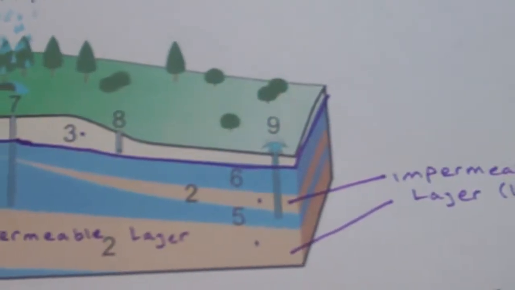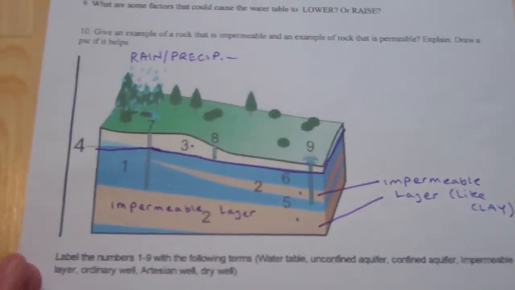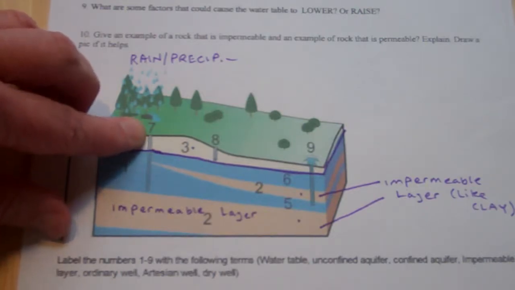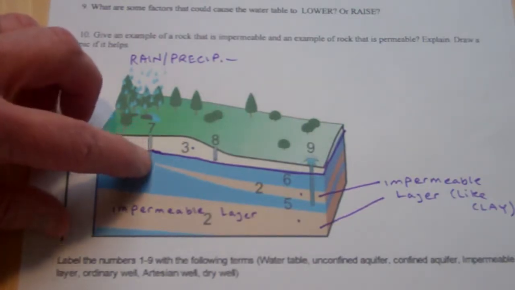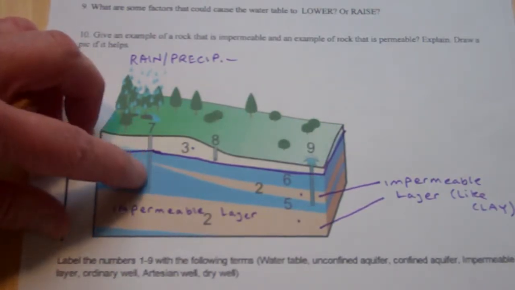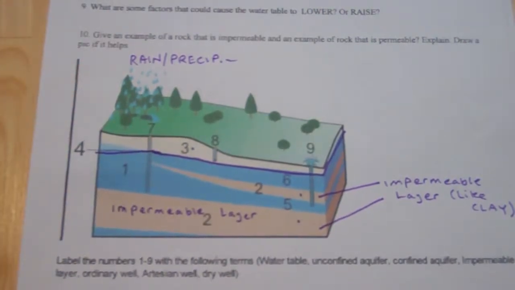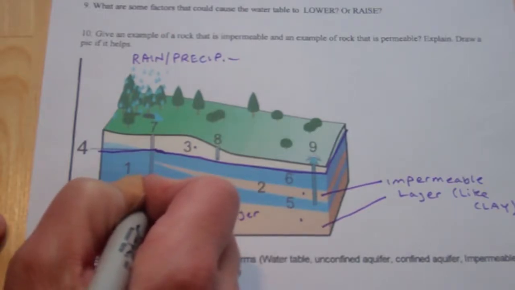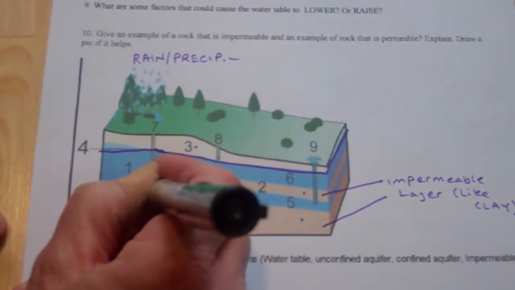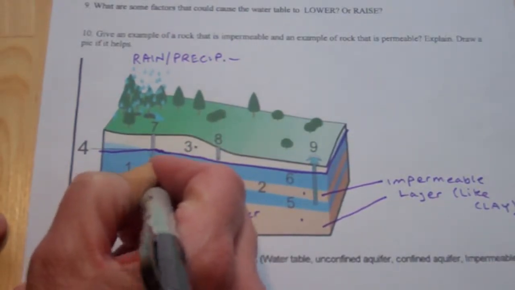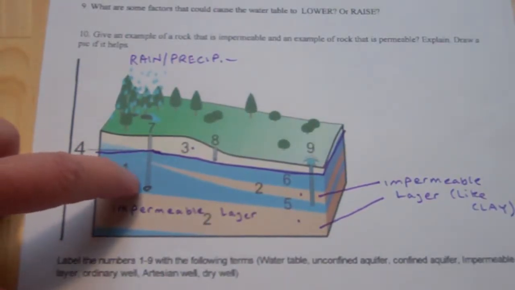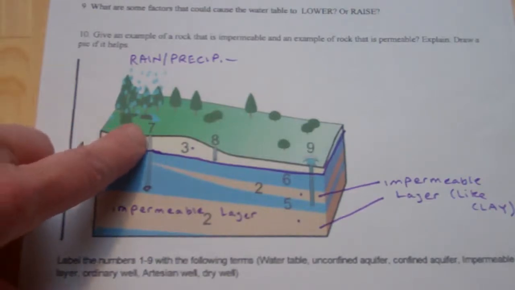What that does is it puts these aquifers under different kinds of pressure. So this number 7 is a well that somebody dug, a pipe basically that goes all the way down into this aquifer, and it stops right before the impermeable layer. So the opening to this well is still in our aquifer. Okay, so you can turn this well on and you would get some water out of it.